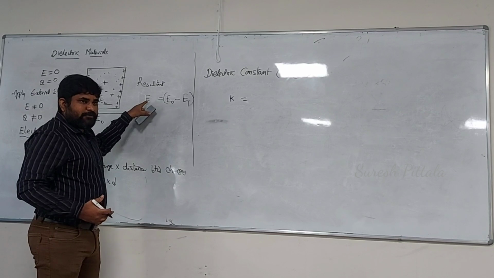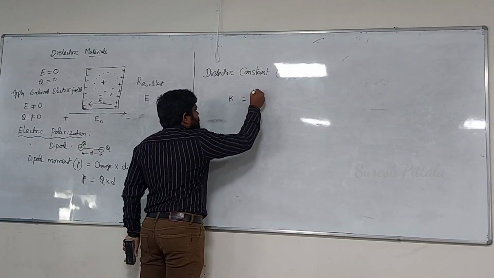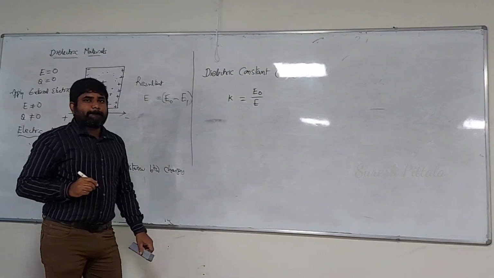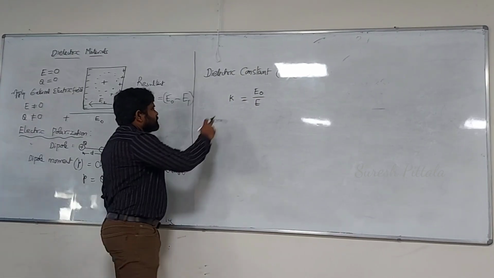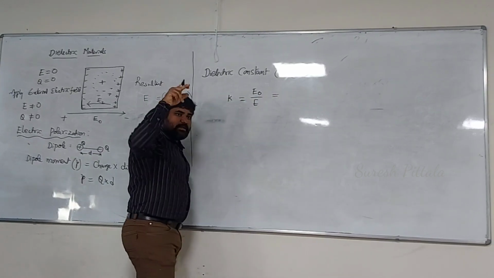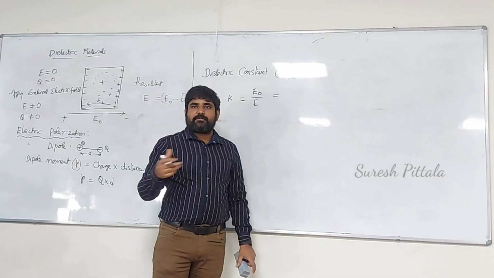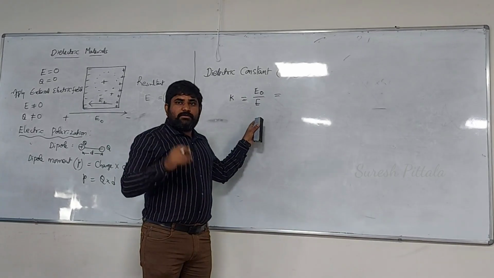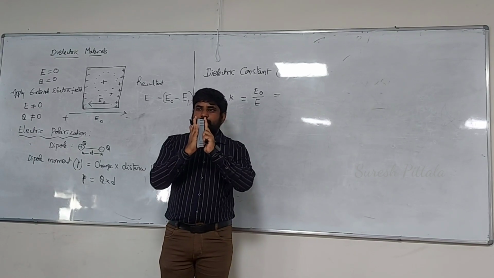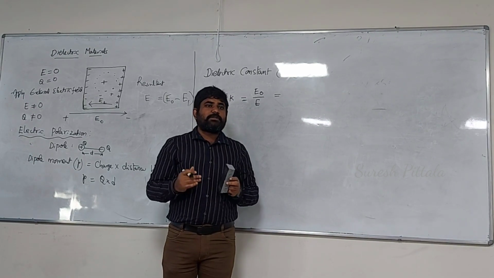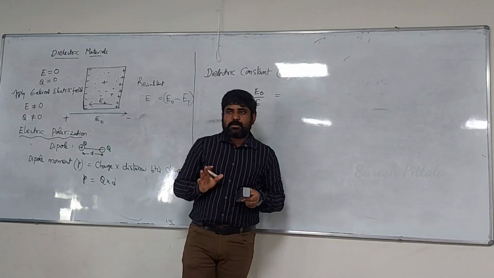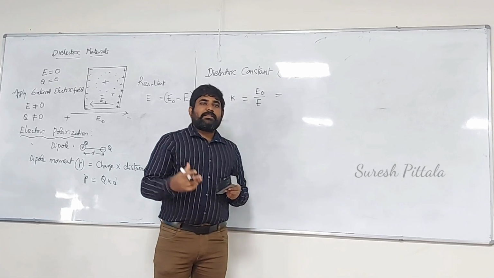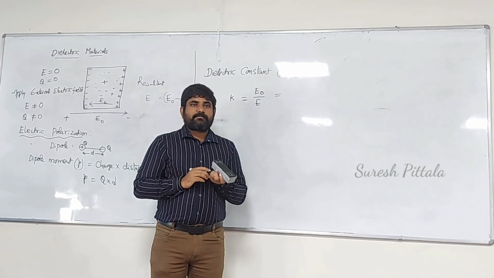In terms of electric field, if you want to define it, it is E0 by E. In terms of capacitance, we defined it in our experiments, so I am not discussing it in detail. You kept a dielectric material inside the plates of the capacitor and observed that the capacitance increased. If you change your dielectric material, the capacitance value also changes.